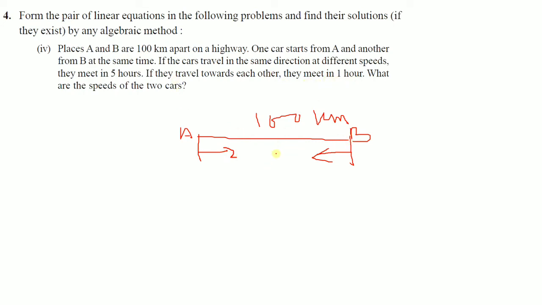Suppose for example they meet somewhere here. So the time they are taking is 1 hour. That you need to understand. What are the speeds of the two cars? That we need to find out over here.